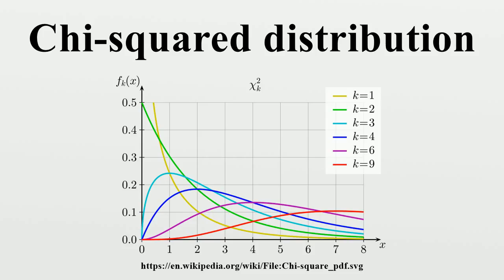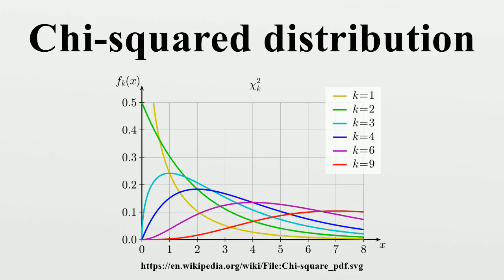Gamma, exponential, and related distributions. The chi-squared distribution x tilde chi-squared k is a special case of the gamma distribution, in that x tilde gamma using the rate parameterization of the gamma distribution, or using the scale parameterization of the gamma distribution, where k is an integer.